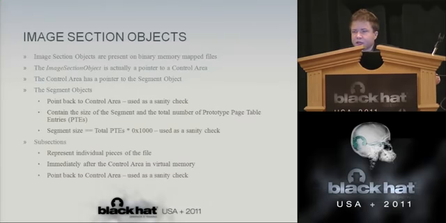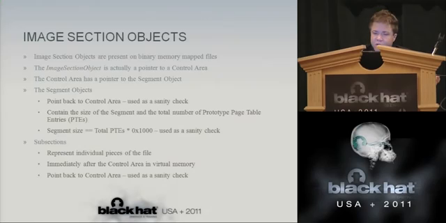The image section object pointer is actually a pointer to another control area. That control area has a pointer to what's called a segment object. And then that segment object, if you wanted to do some sanity checking, would point back to the control area. So if you were scanning physical RAM for these things, you could do some sanity checking on these segment objects and control areas.